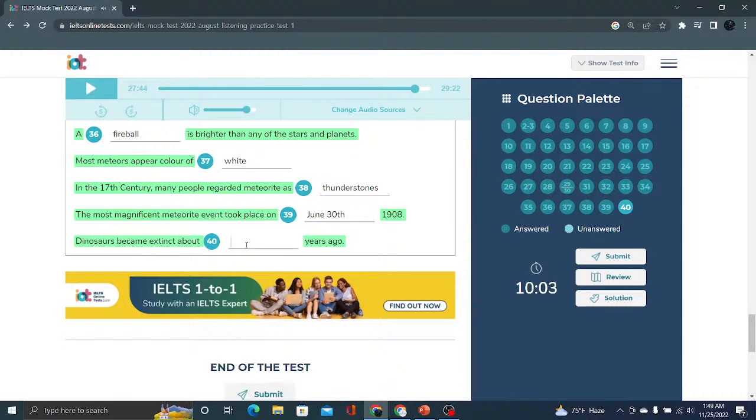Okay, the answer would be 65 million. As he was saying, he was talking about dinosaurs' extinction, and he was saying that the basin shows that an asteroid struck the Earth there about 65 million years ago.